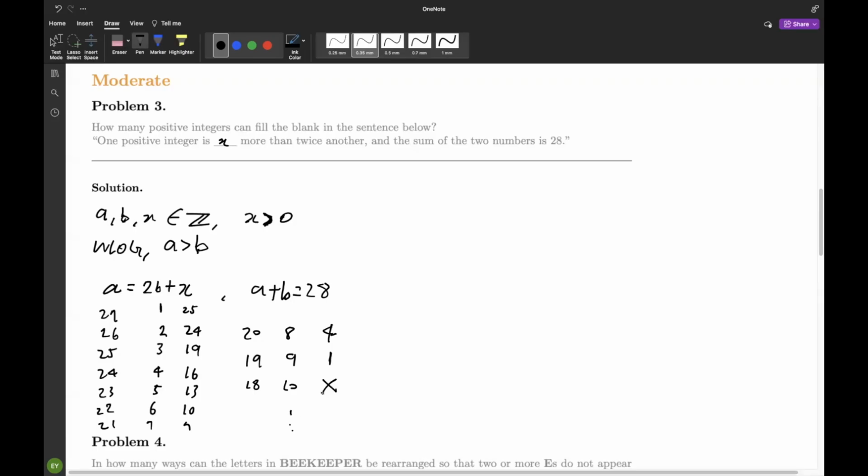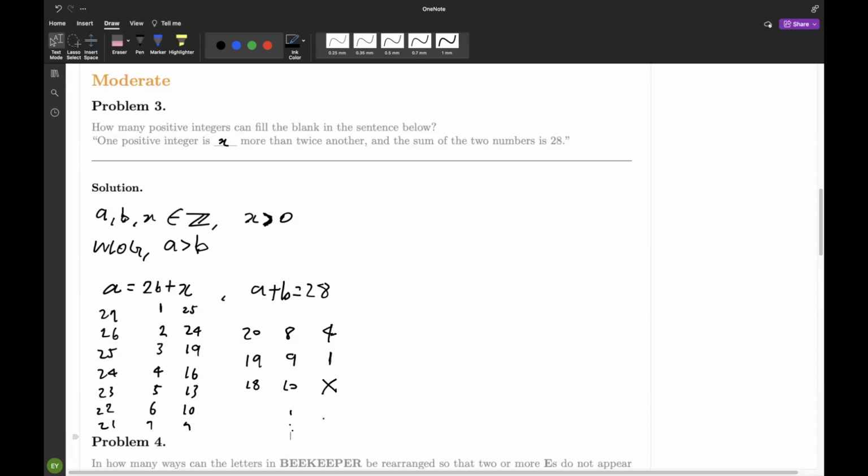Okay, and also we know that, wait, what if there is one case that we need to consider, and that is when b is a negative number. Hmm, I think there is an error in the problem. I'm sorry, but how many positive integers can fill the blank in the sentence below? One positive integer is x more than twice the other.